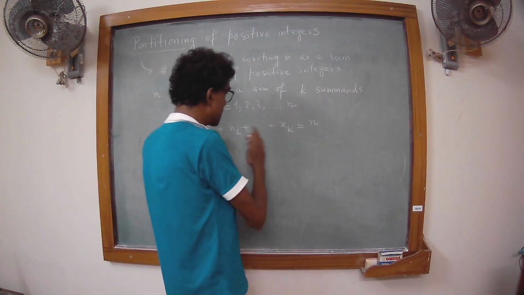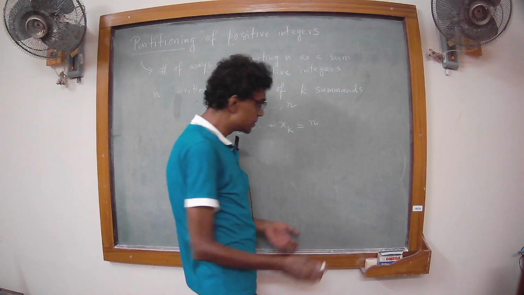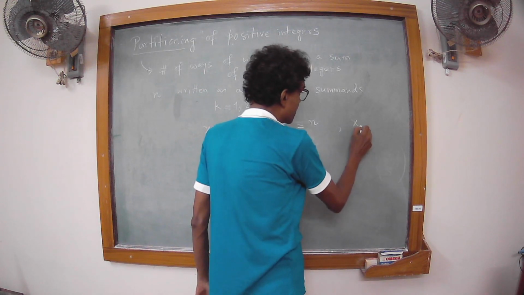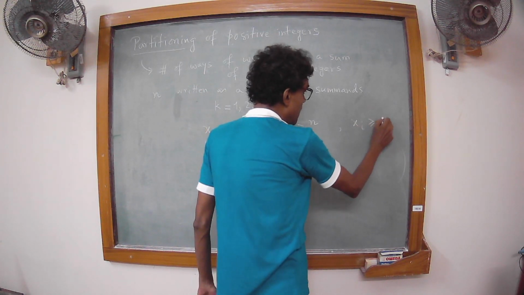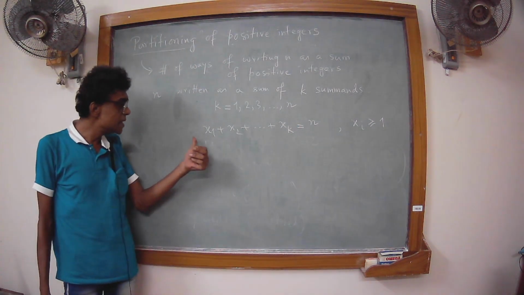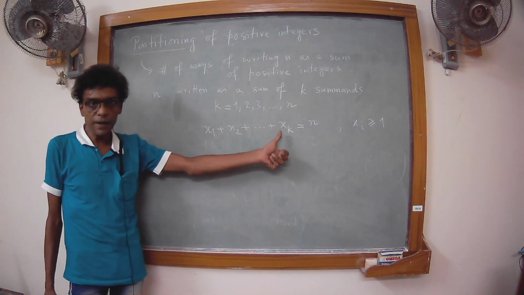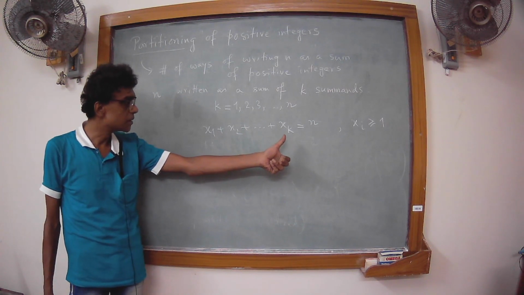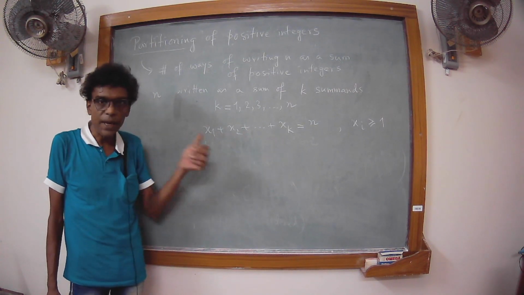Now, since x1, x2 and so on are positive summands, I have to use this. And immediately the formula that I gave at the beginning of today's lecture does not apply.